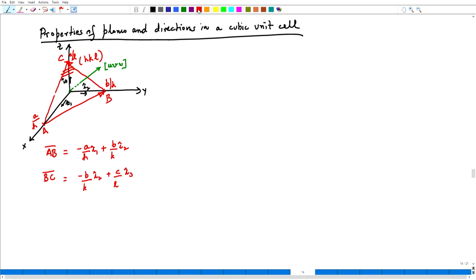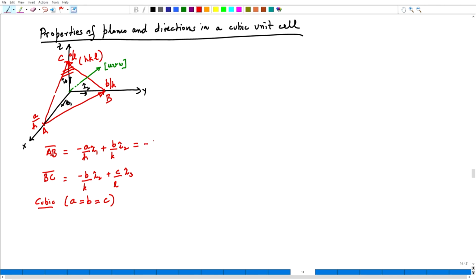Now, we also know that we are dealing with a cubic crystal, so a equals b equals c. We are dealing with a cubic unit cell, which means I can write the expressions for the vectors AB and BC as follows, replacing everything with a.